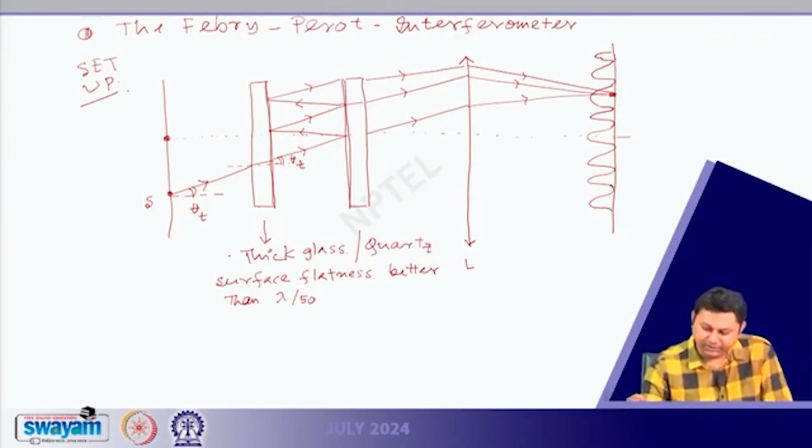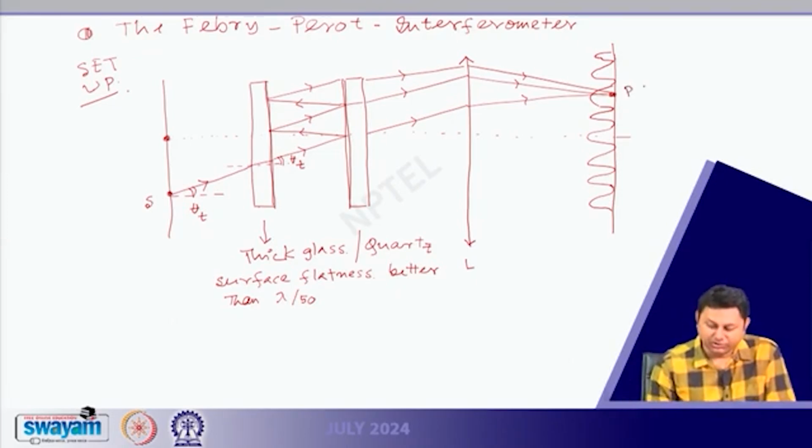Now, this is the point P where all the transmitted rays are superimposed, and now this point will be a maxima or minima, depending on the path difference between the successive parallel beams. Whatever parallel beams we have here, these successive parallel beams have a path difference with each other, and that path difference basically determines whether this point P where all these rays are interfering has a maxima or a minimum.